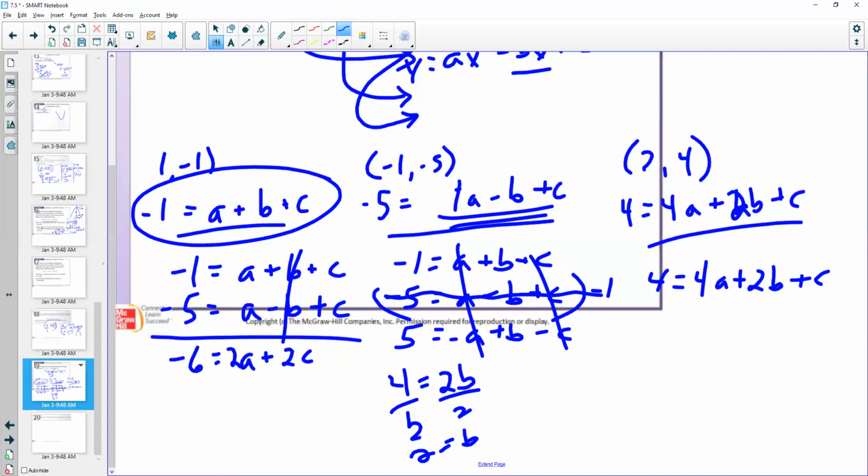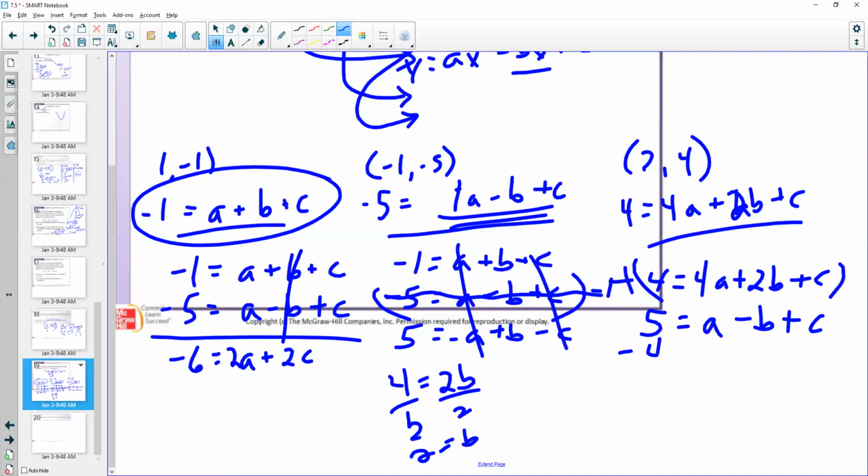Not -1. How did I do that the second time? I used 5, oh, there it is, times a minus b plus c. Okay, I'm going to multiply this guy by -1.